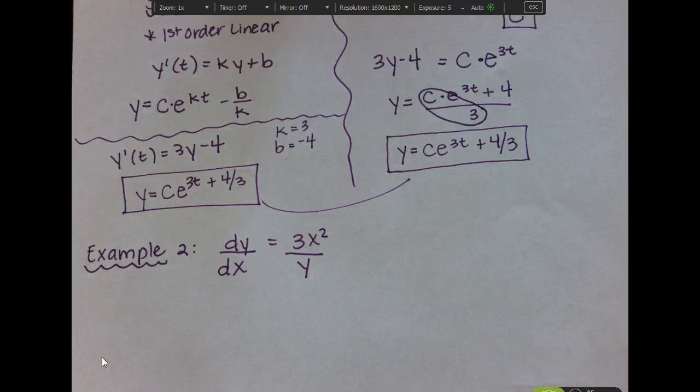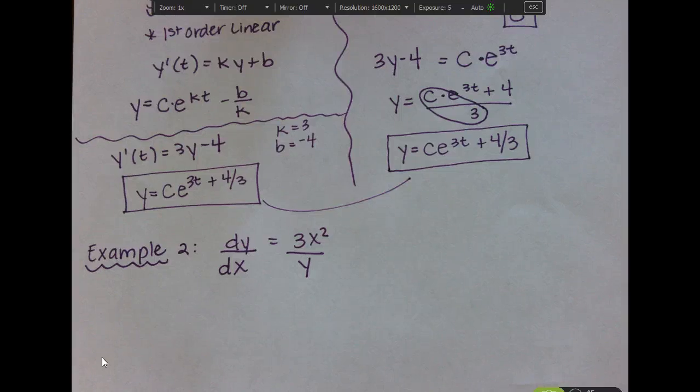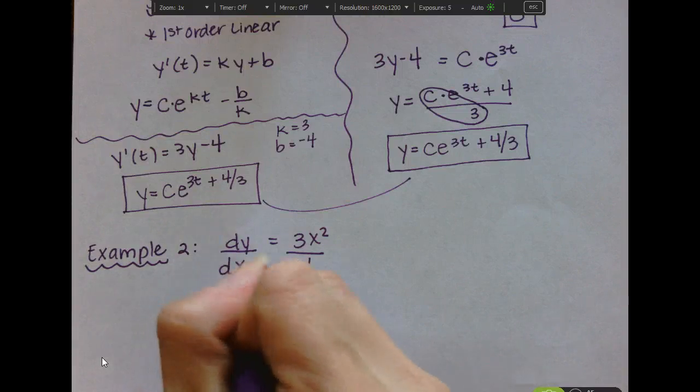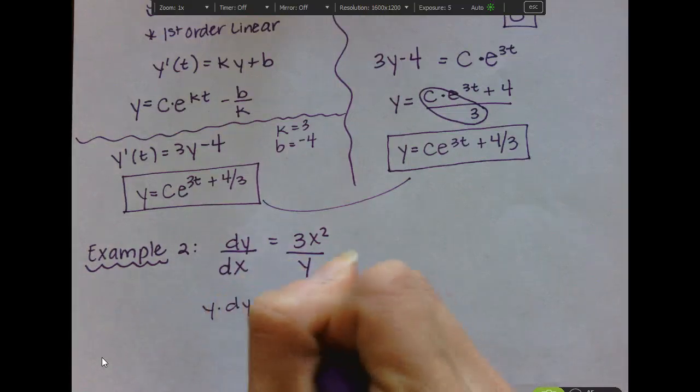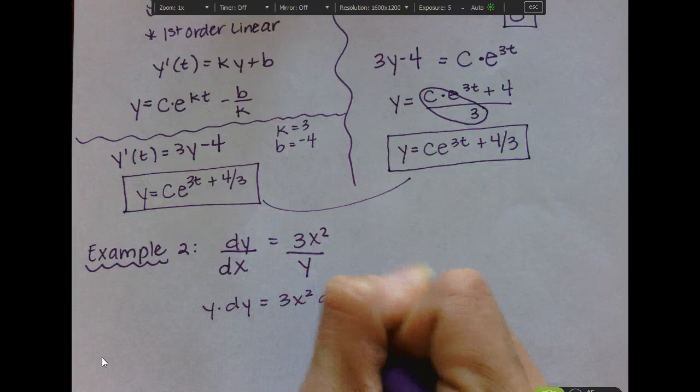So let's go through the process of solving separable first order differential equations, not linear. But the first thing I need to do is get my variables all separated so that I have y's on one side and then I have x's on the other side.